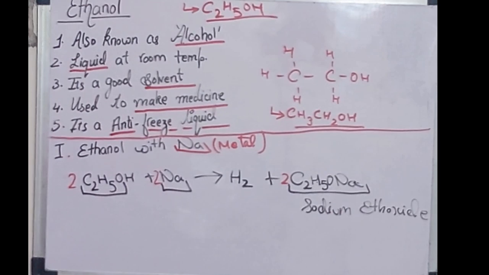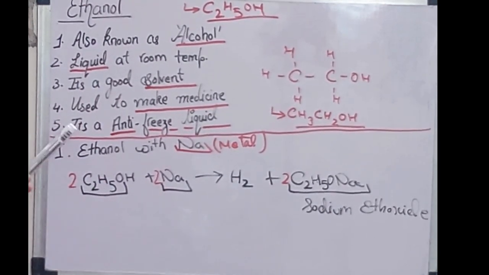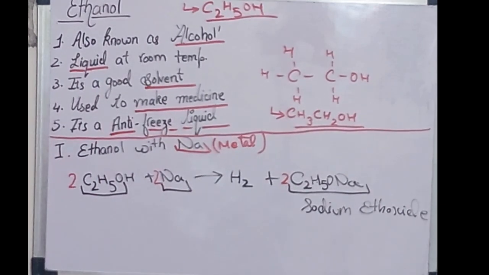So this is your equation after balancing. It is a very important one. Ethanol or the alcohol reacts with the metal to form hydrogen. I hope it is clear.